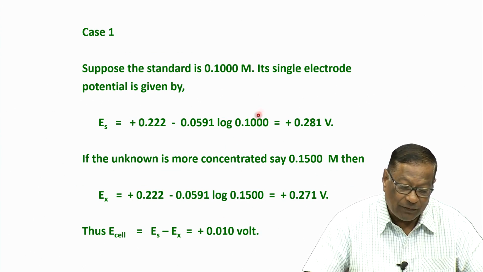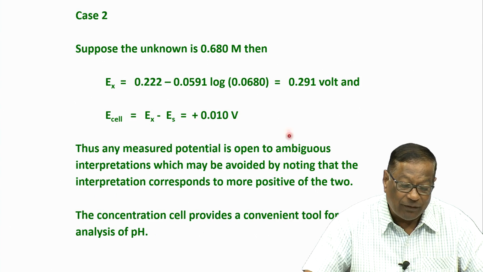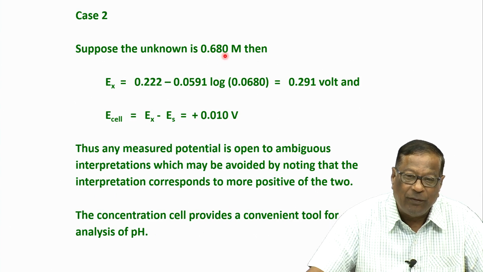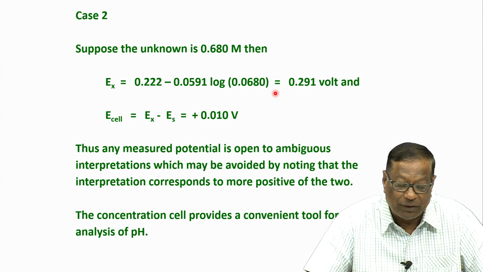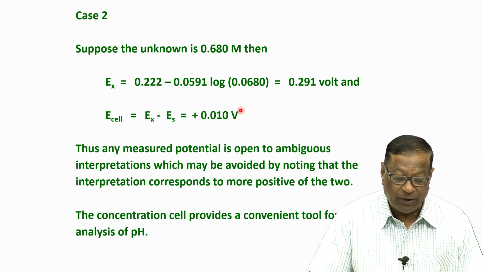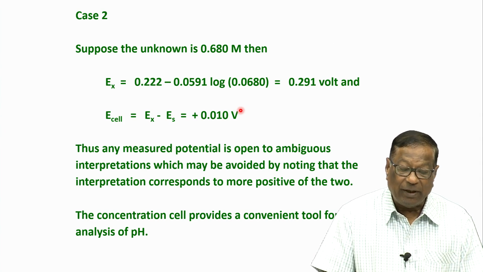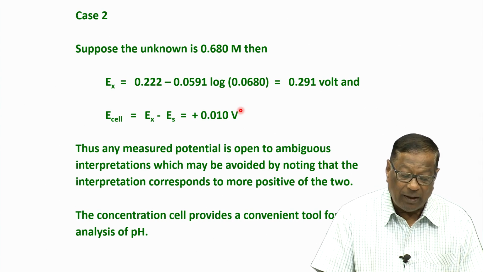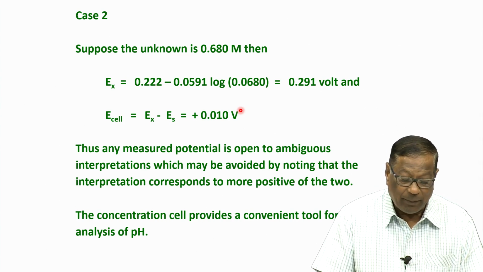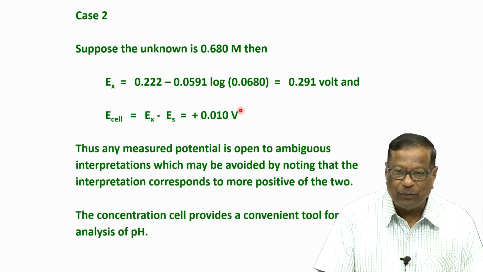So, when the concentration is 0.15, I get 0.01 volt, and when the concentration is 0.680, also I get 0.01 volt. So, any measured potential is open to ambiguous interpretations. We can avoid this by noting that the interpretation corresponds to the more positive of the two.